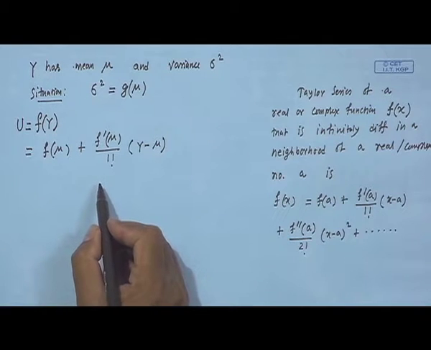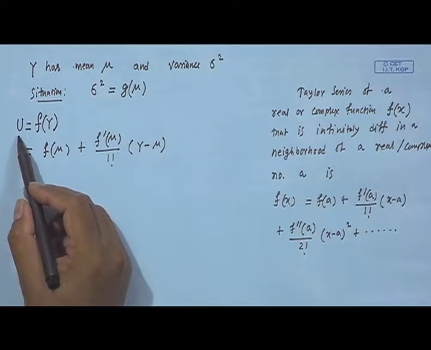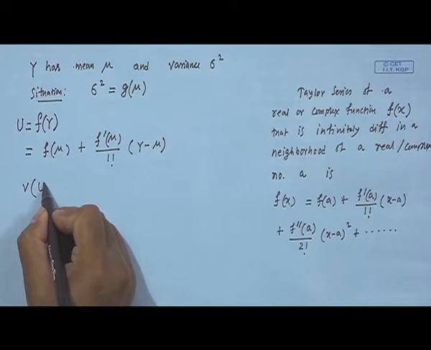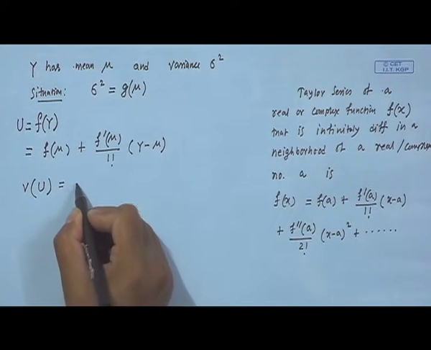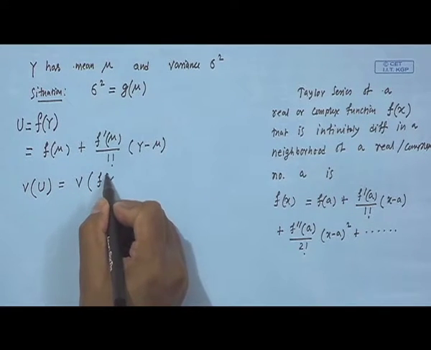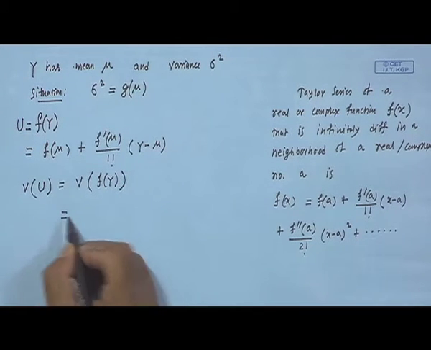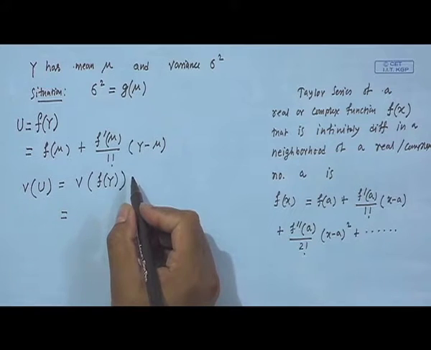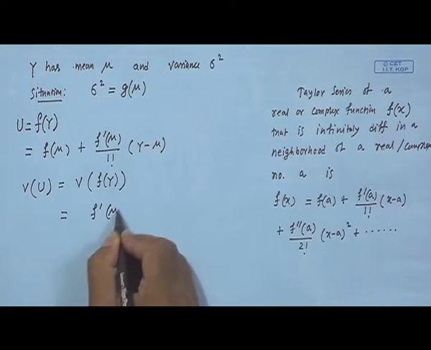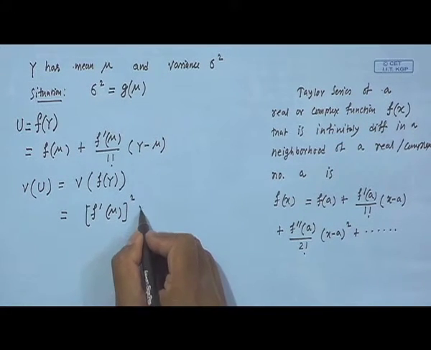Now, we want to make the variance of u constant. So, the variance of u, which is equal to the variance of f(y), is equal to f prime(mu) whole square into variance of y.